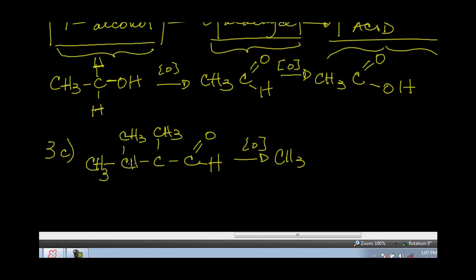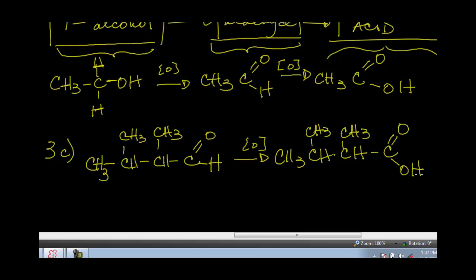Good. I'm missing an H there and another H there. CH, and that has a methyl. And the other CH, that has another methyl. And then a C double bond O, what else? Single bond OH, perfect, you got it.